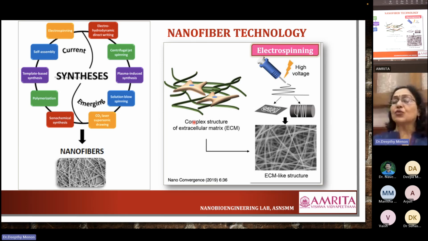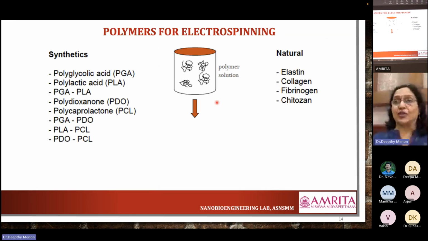So the complex structure of extracellular matrix is mimicked by the nanofibers. And that is the reason why these cells are able to really like such kind of surfaces. So the electrospinning technique has come a long way in nanofiber technology.